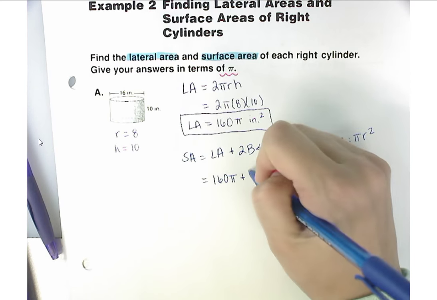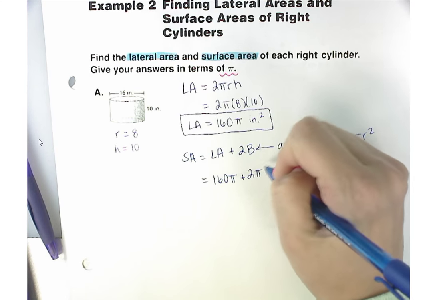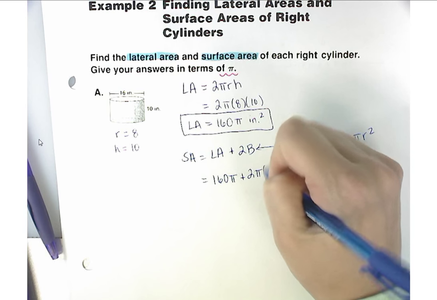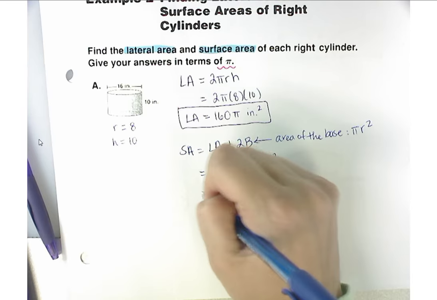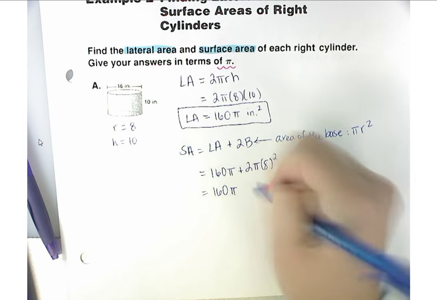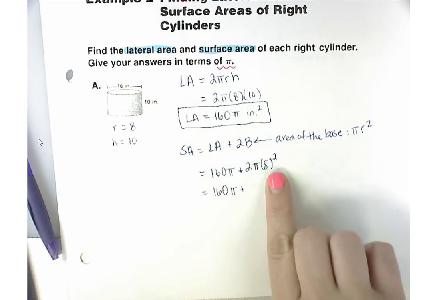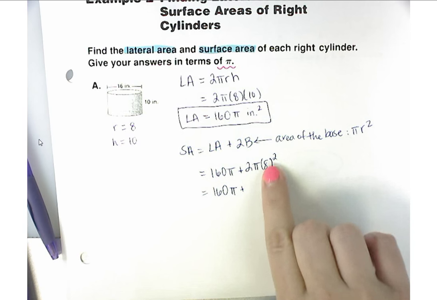And since I know that my r is 8, I'm going to have 2 pi 8 squared. So you have to do your order of operations. So if you square 8 first, what do you get?